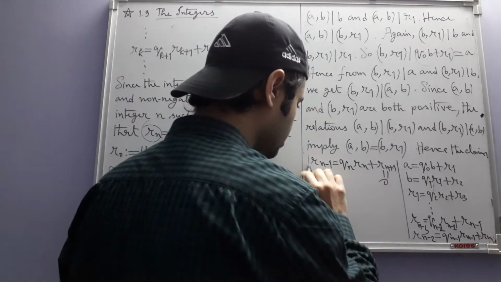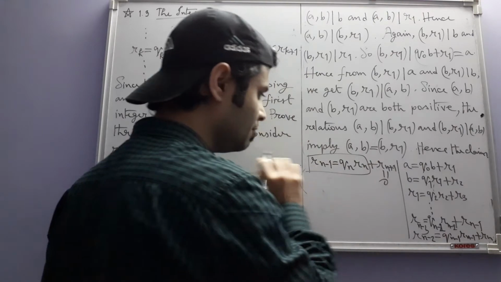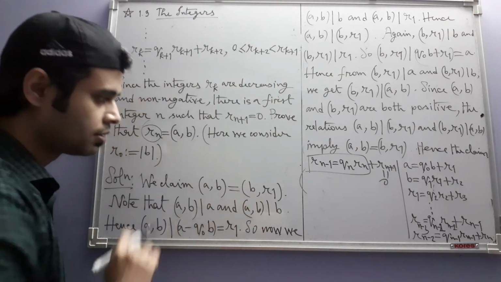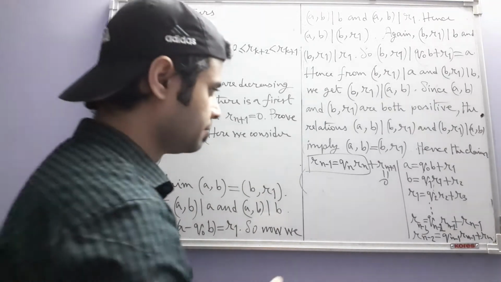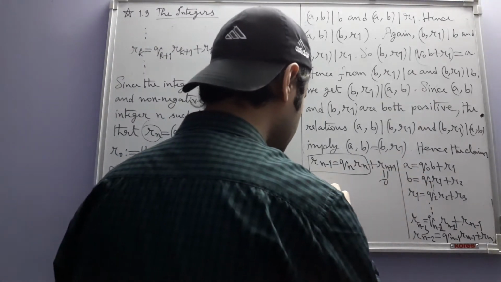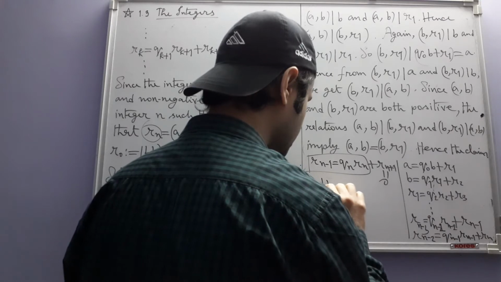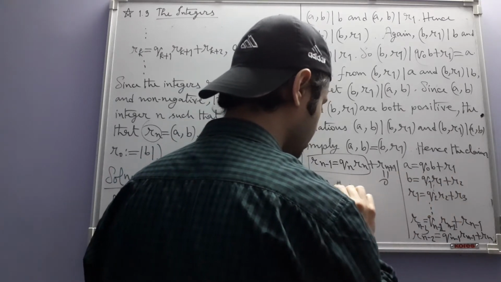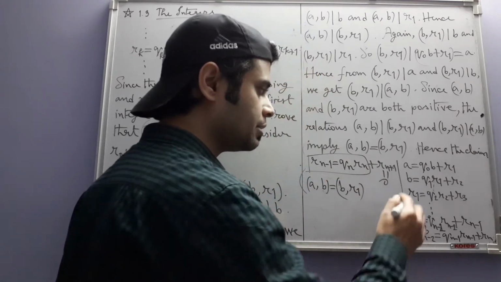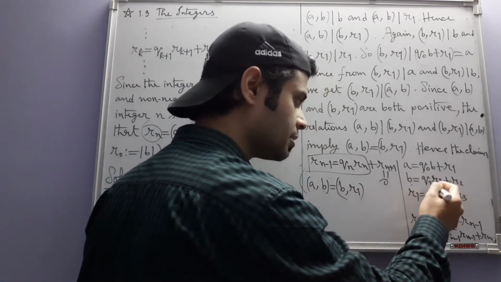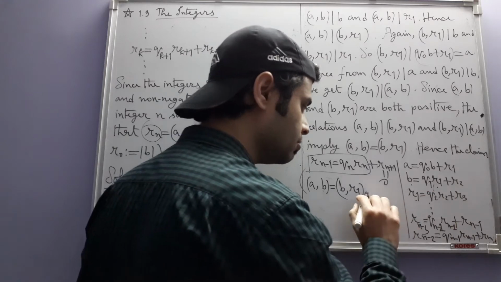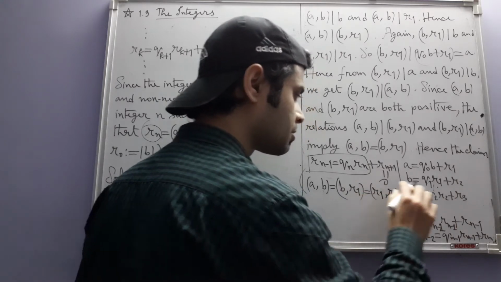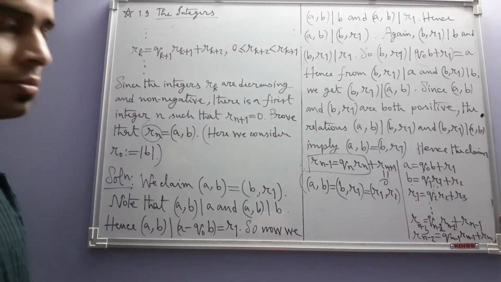So actually Rn divides Rn minus 1. Now we use this equation. You see, GCD of A and B is equal to GCD of B and R1. In the same vein, GCD of B and R1 is equal to GCD of R1 and R2, because the structure of the equations is the same.